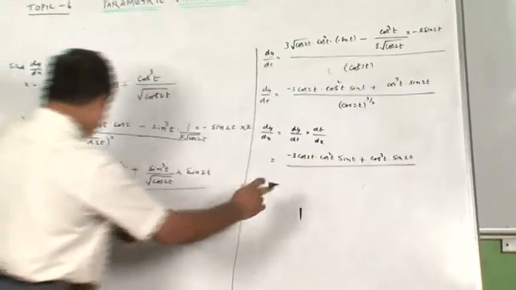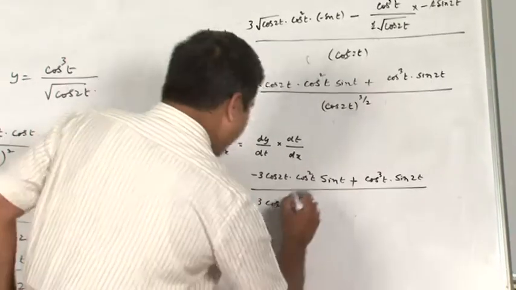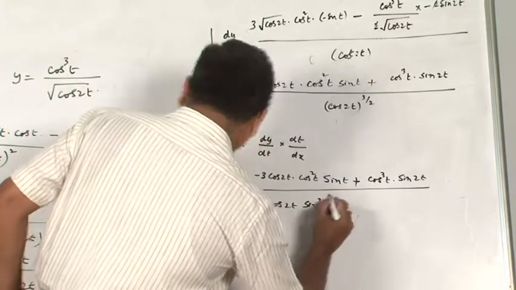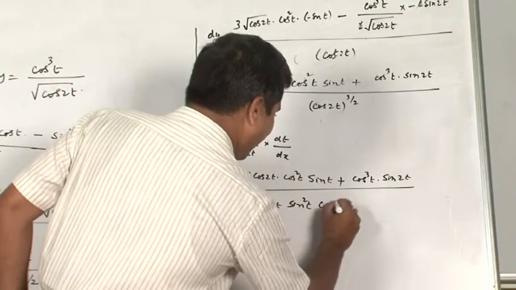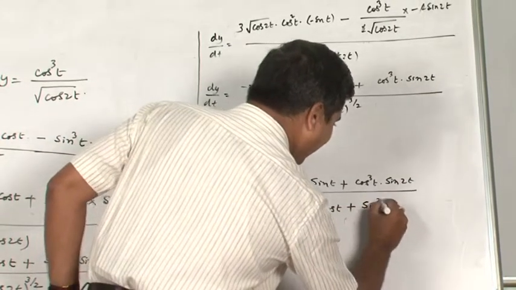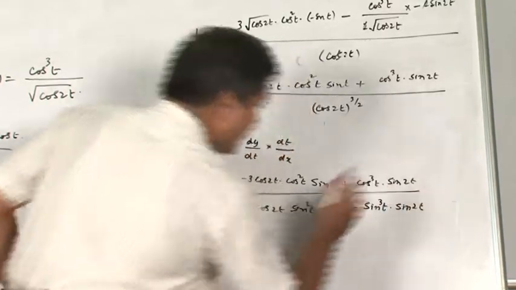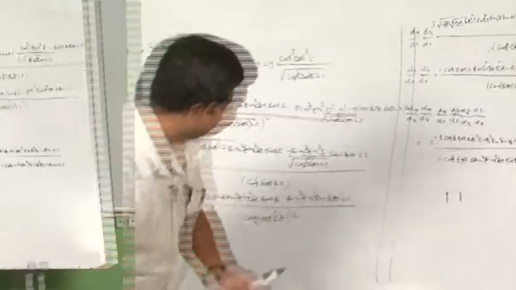So this will go into the denominator: 3 cos 2t sin square t into cos t plus sin cube t into sin 2t. This is the end result.